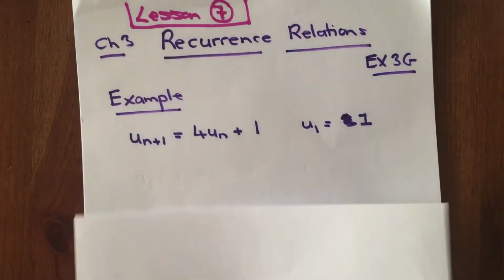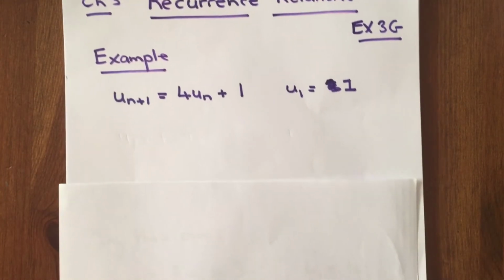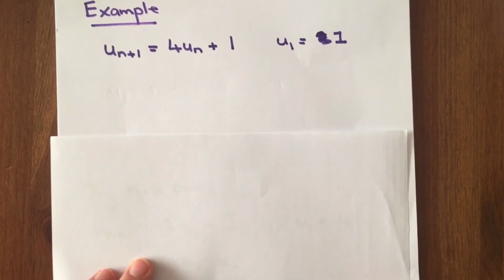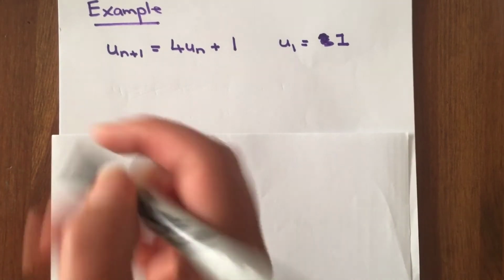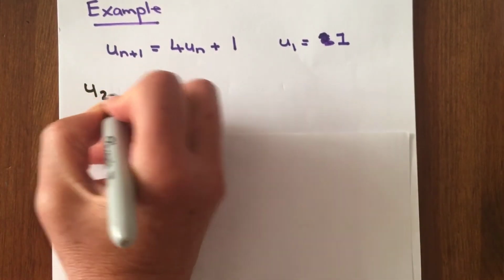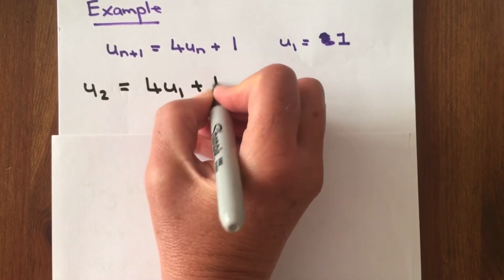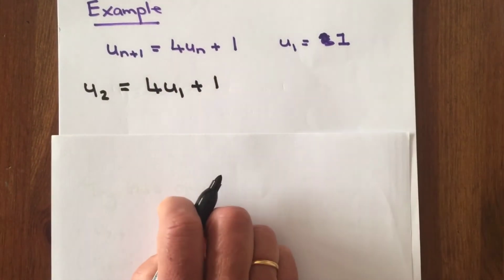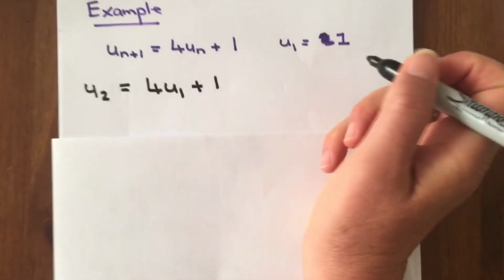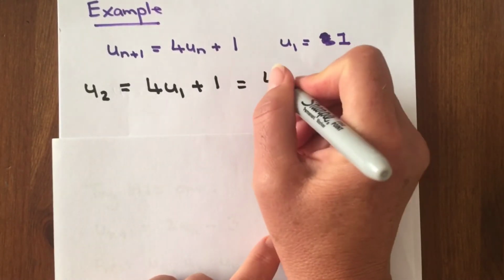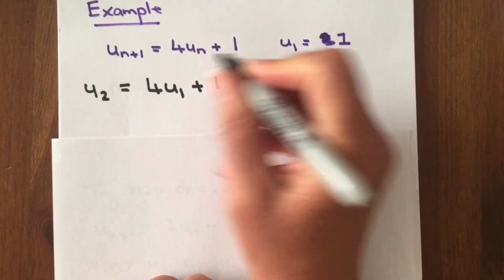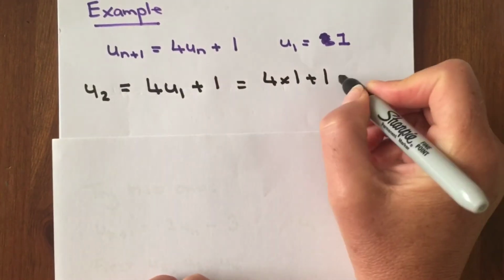If you're not told the first term, you can't work out the second, the third, the fourth terms. So if I asked you to find the second term using this recurrence relationship, you do 4 times the first term plus 1. You're told the first term is 1, so you've got 4 times 1 plus 1. So you're replacing U1 with 1.